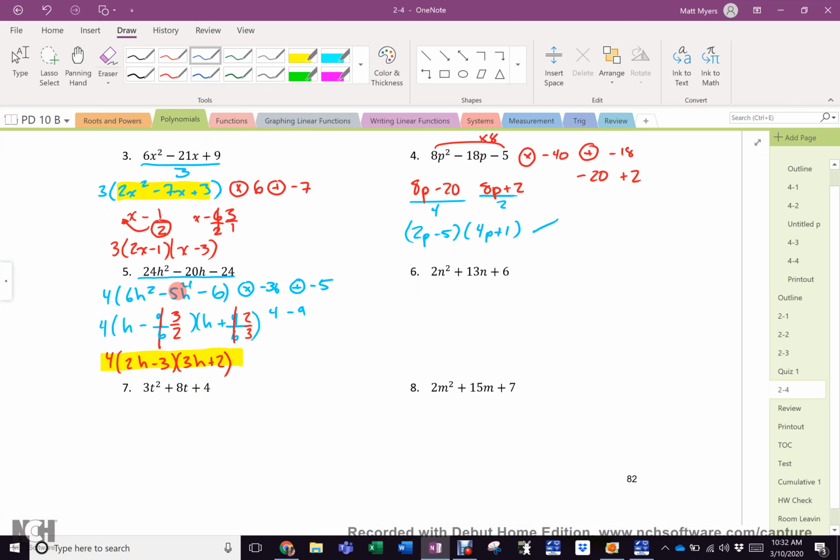Now, please notice how persnickety this kind of factoring is, and this is a real word, so don't mock me. You have to pay very close attention to detail. Because this doesn't work if the 3 is over here and the 2 is over here, does it? It doesn't work if the negatives are reversed.